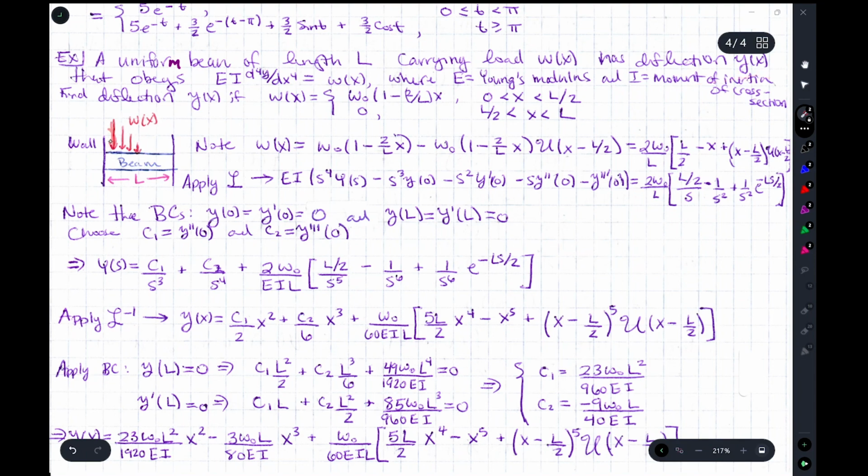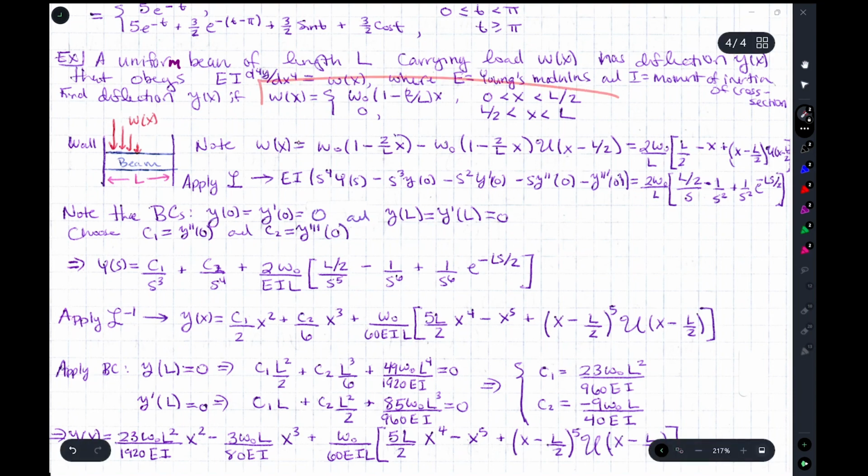So you can see here that the weight is applied here. There's greater weight, lesser weight, lesser weight, lesser weight, and then it goes to 0 for this load, okay? That's why it's a function of x. And this will cause deflection, okay, y(x).